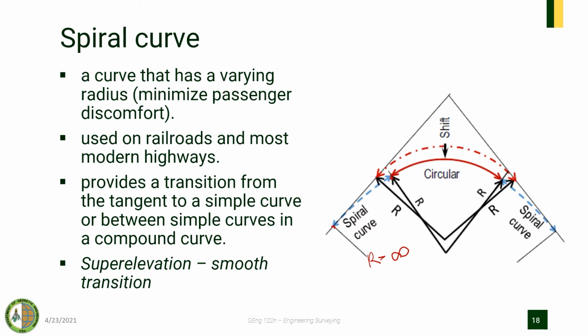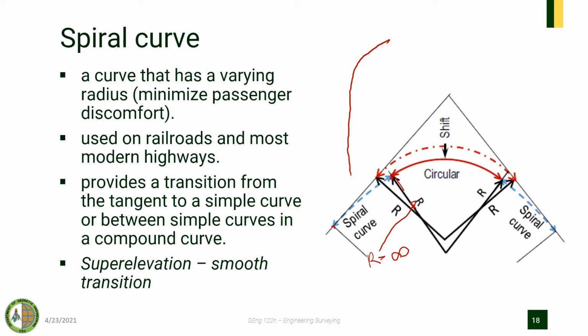But as we move on connecting to this circular curve, it slightly changes from infinity to this radius. Meaning, from a straight line, then slowly changing its direction. So that's the spiral curve, which minimizes passenger discomfort.